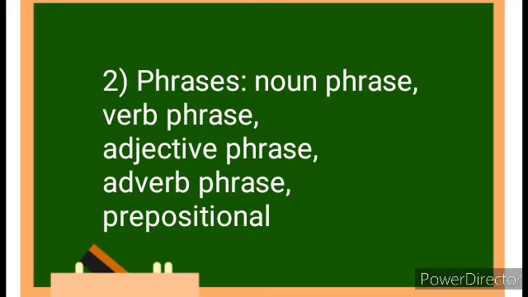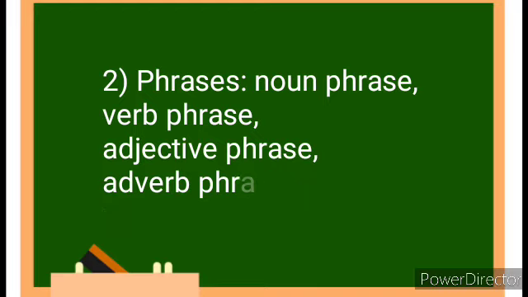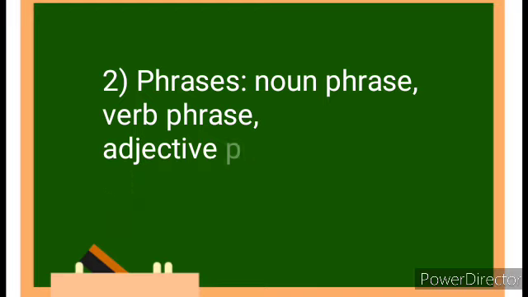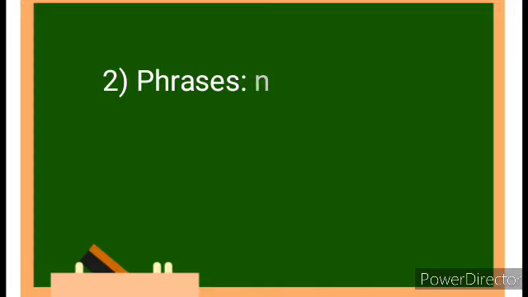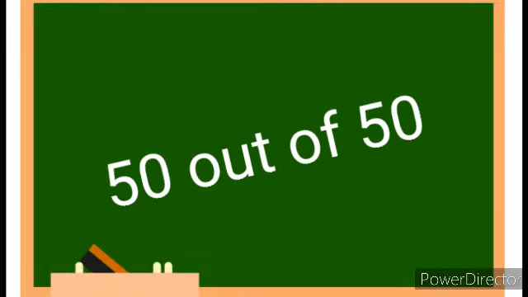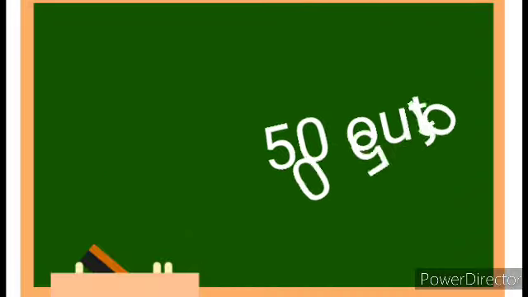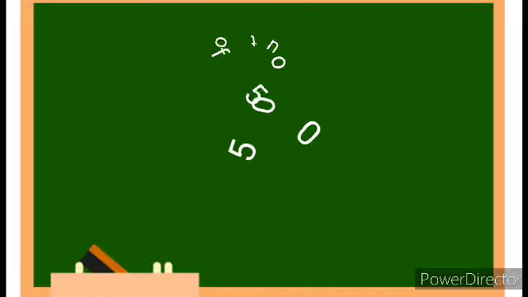Third is adjective phrase. Fourth is adverb phrase. And the last is prepositional phrase. I would like to mention here once again that if you study these 2 units by heart, you are able to score 50 out of 50 marks in this paper.